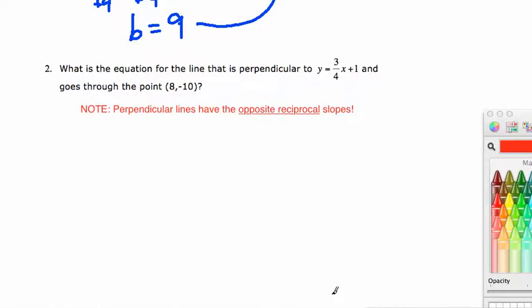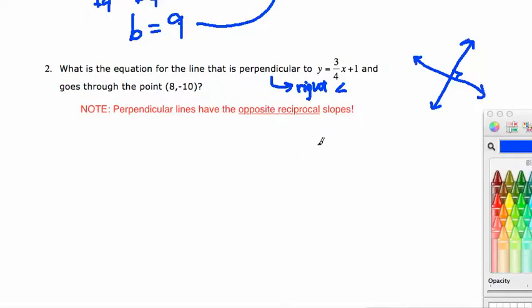All right, let's focus on our perpendicular lines. And perpendicular means at a right angle. So lines that look like this would be perpendicular.